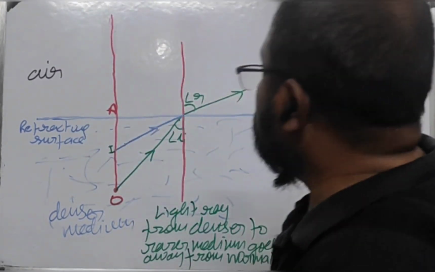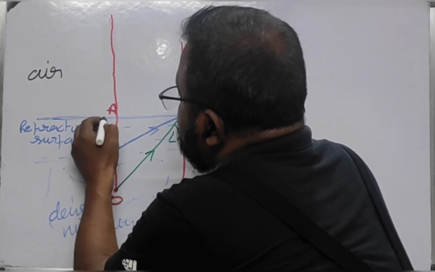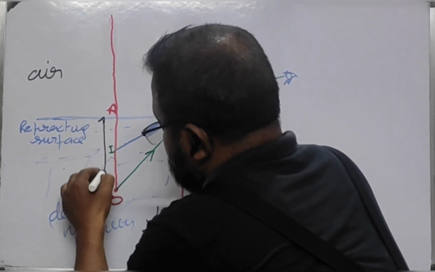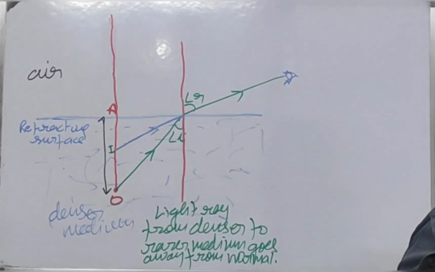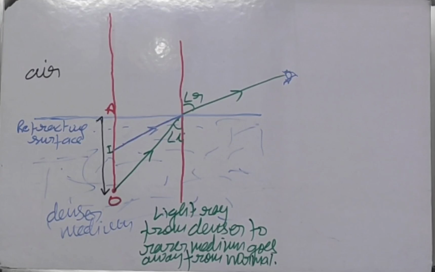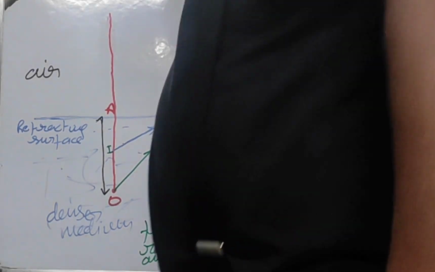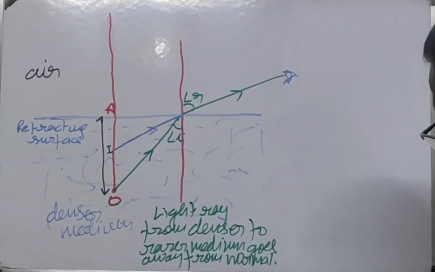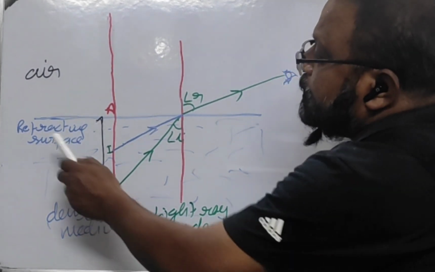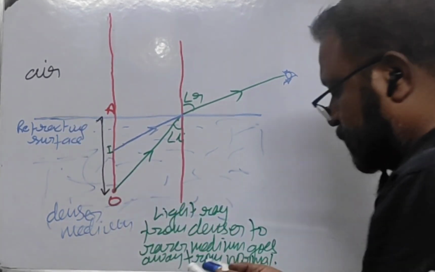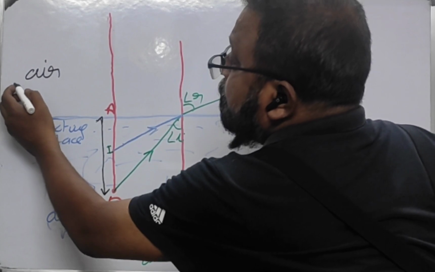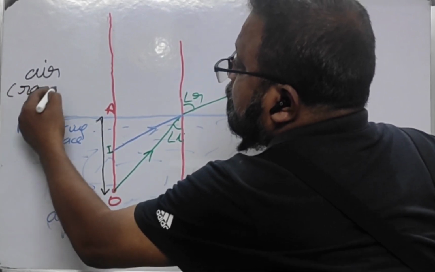Did you understand what I told you? This is the refracting surface. This is water, the denser medium, and air is the rarer medium.